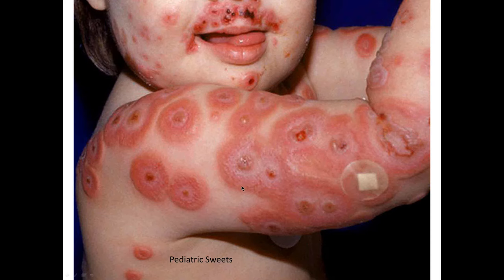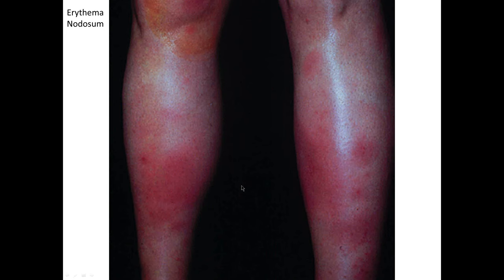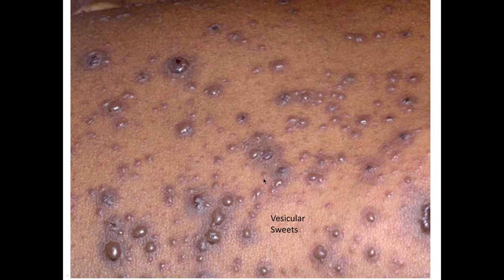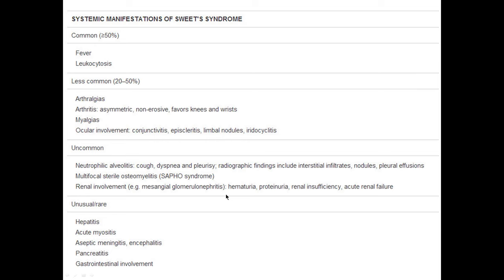We don't usually see this. This is the erythema nodosum variant of Sweet's. And this is another example of plaque Sweet's on the forehead. And this was a very vesicular variant of Sweet's as well. So there are all these other clinical variants that I haven't been able to show you the histology of today.